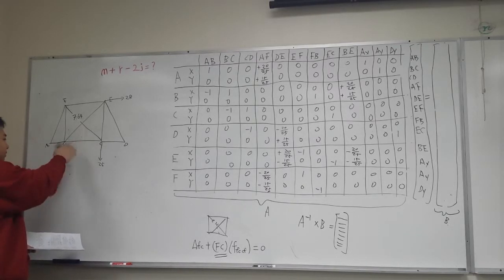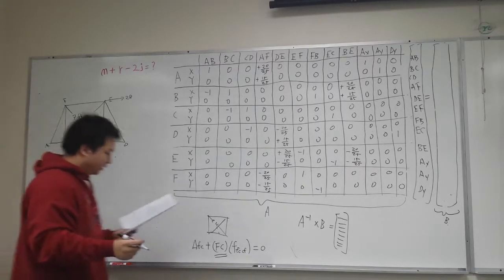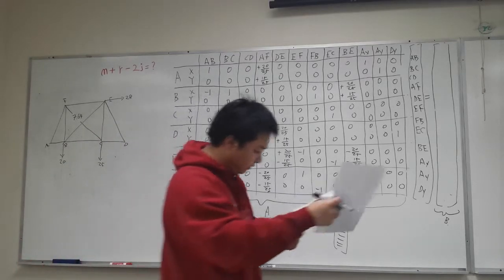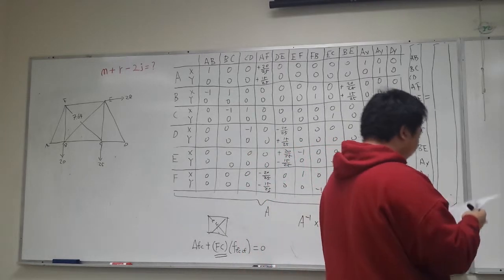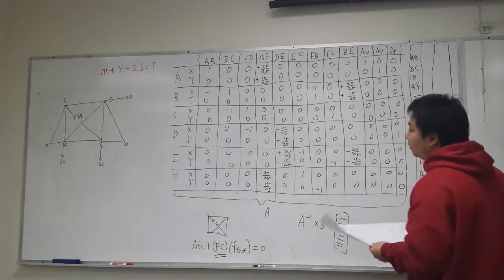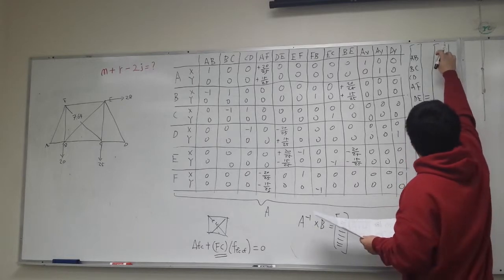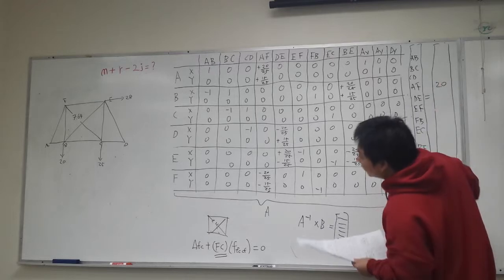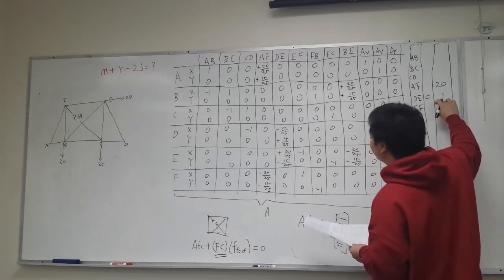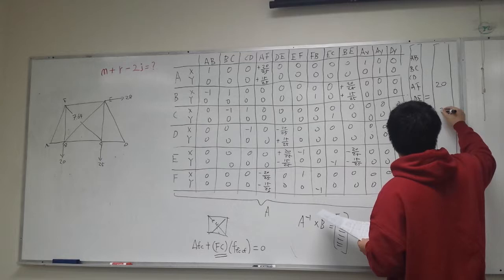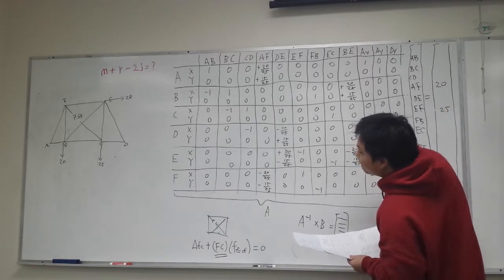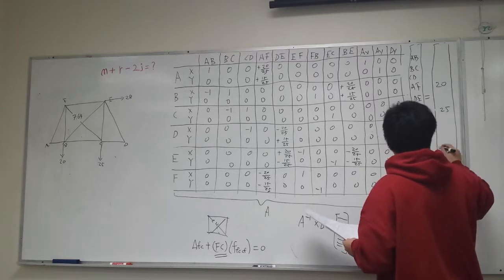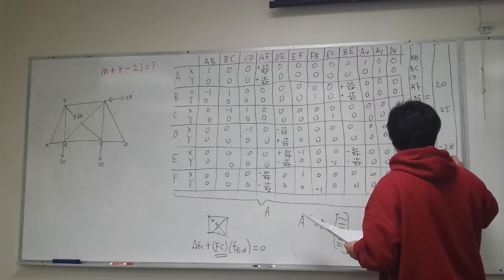At point B, in the y-axis, you're going to have 20, and at point C, in the y-axis, you're going to have 25. At point E, in the x-axis, you're going to have negative 28, 0.